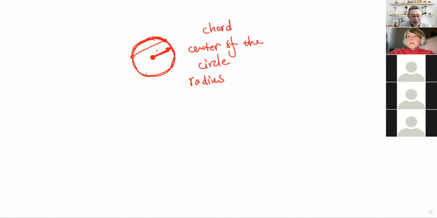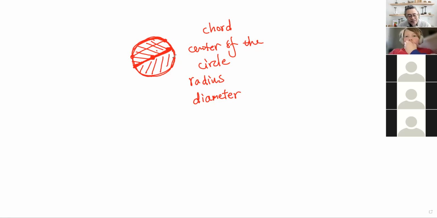Now the longest chord is the one going through the center of the circle, and this chord is called the diameter. The diameter basically cuts the circle into two equal halves. So this is a semicircle. The other is also a semicircle.